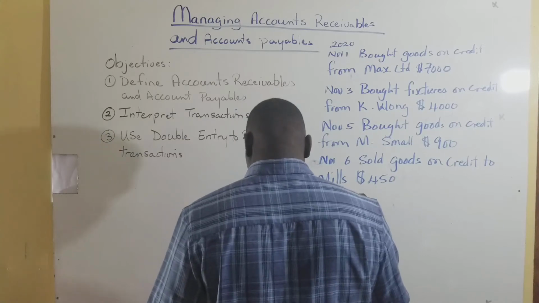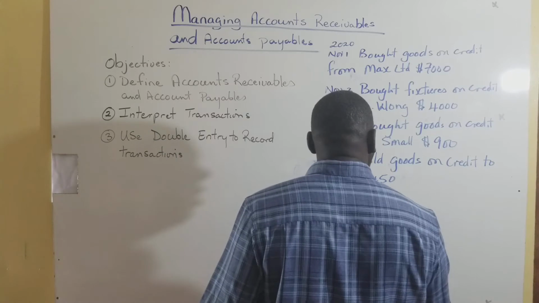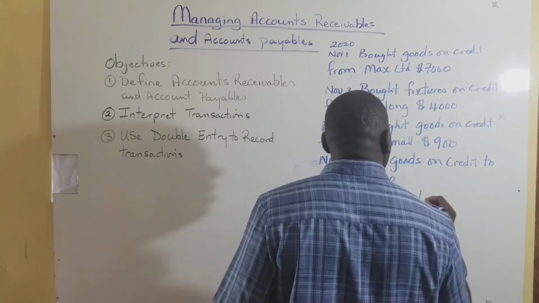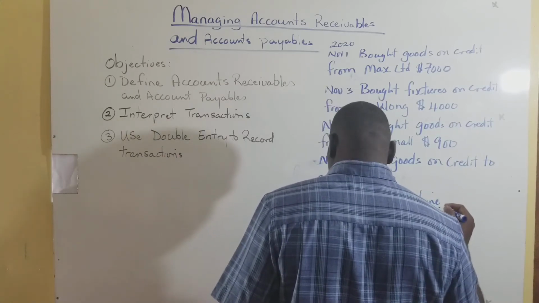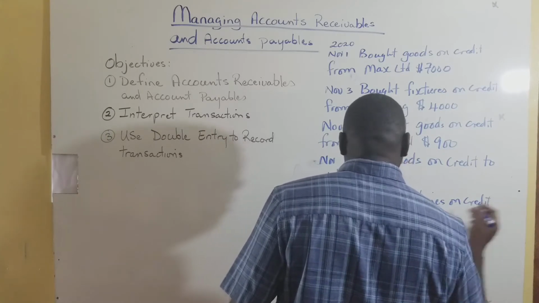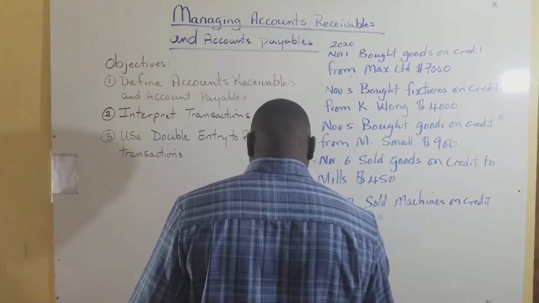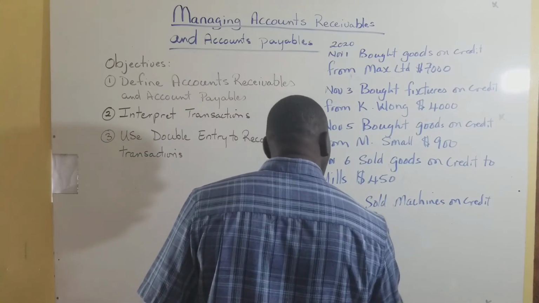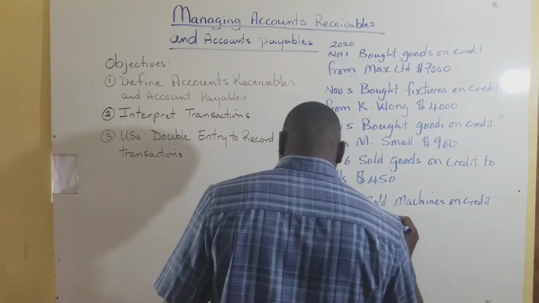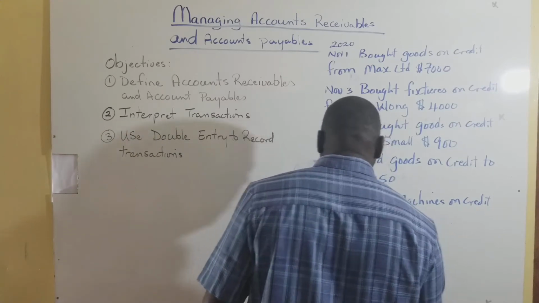November 10, sold machinery or machines on credit to J. Paul, an amount for $3,000.